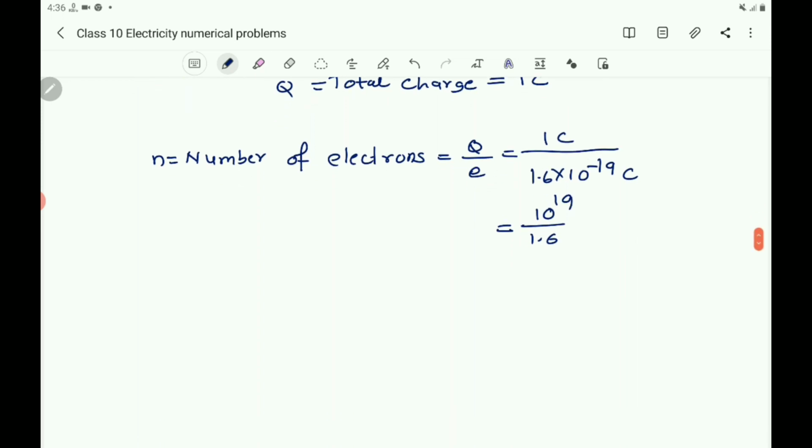So then you will get 10 to the power of 19. To remove the decimal point, it becomes 10 divided by 16. Now this is 10 to the power of 18 into 10 to the power of 2, that is 10 into 10 by 16.